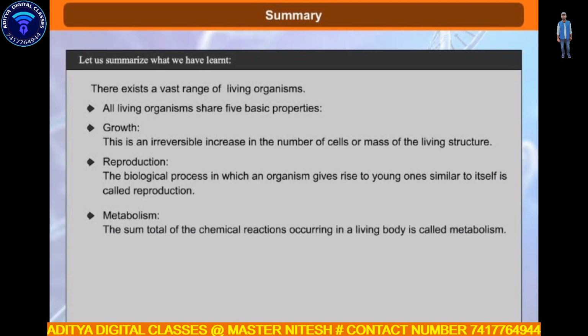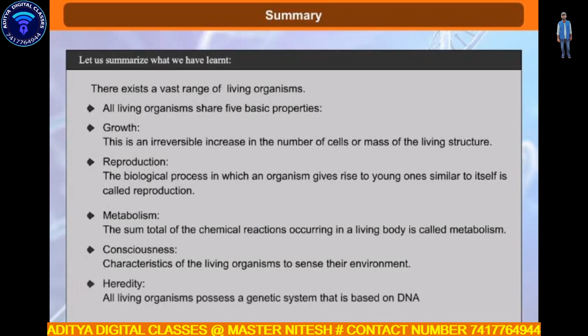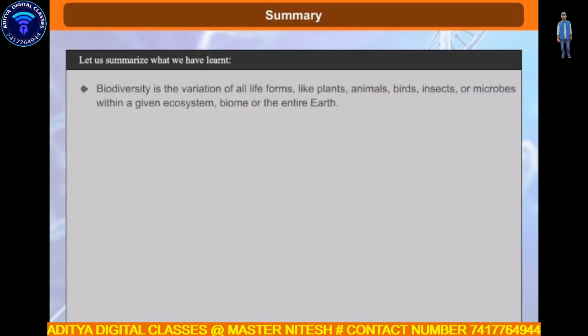Metabolism. The sum total of the chemical reactions occurring in a living body is called metabolism. Consciousness. Characteristics of the living organisms to sense their environment. Heredity. All living organisms possess a genetic system that is based on DNA.